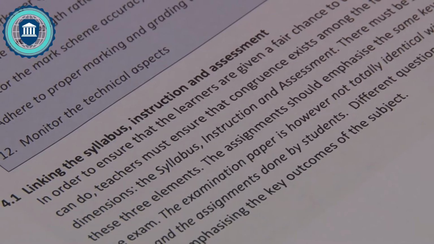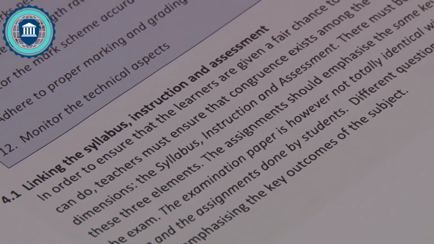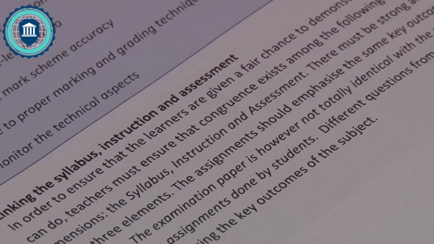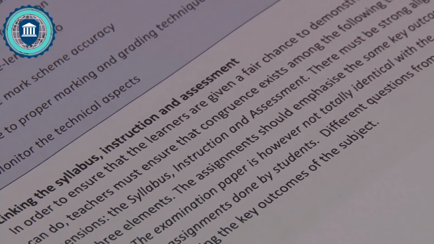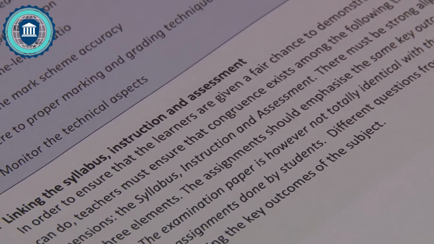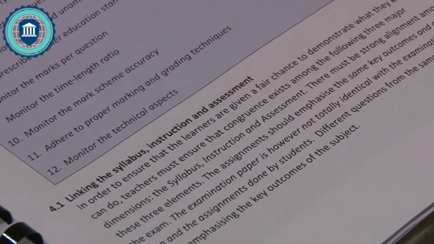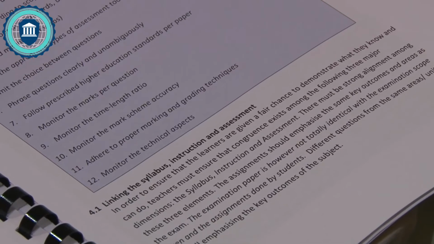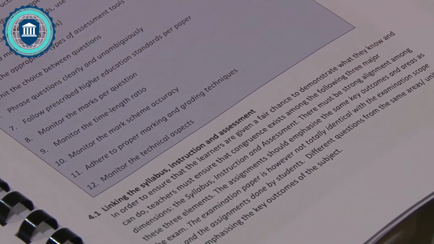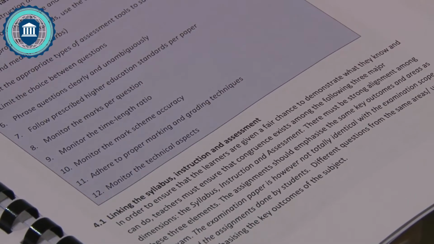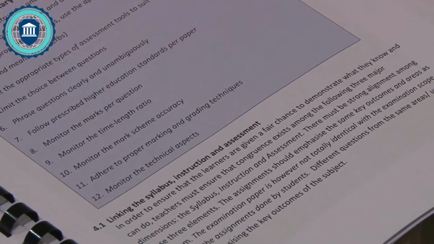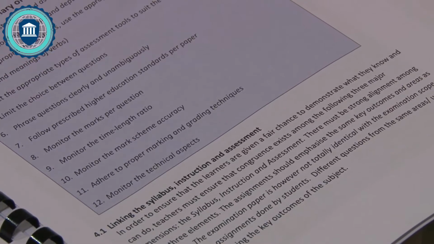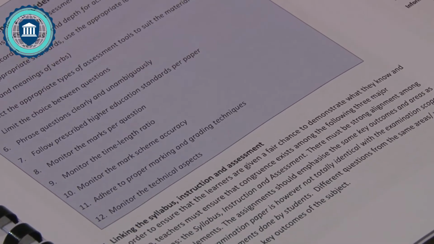The examination paper is, however, not totally identical with the examination scope, presentations given, and the assignments done by students. Ilana already discussed the relationship between the assignments and the examination paper and also the presentations.